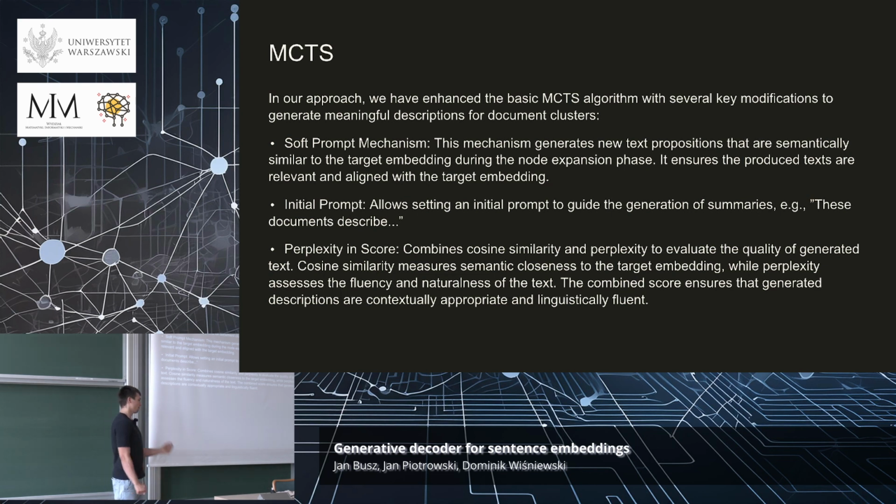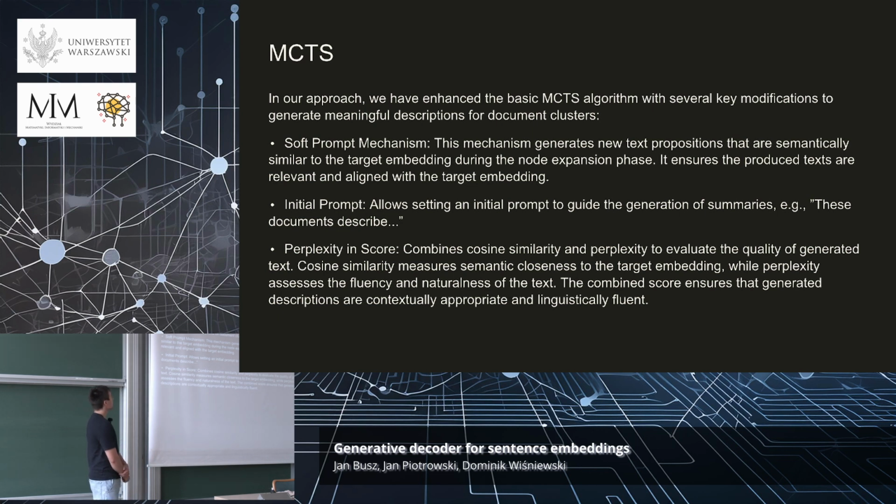GPT-2 just appends dots, newline characters and commas, and because texts like that are out of distribution for the encoder that we use, it might happen that such texts have very high cosine similarity with our target vector, even though they are meaningless.